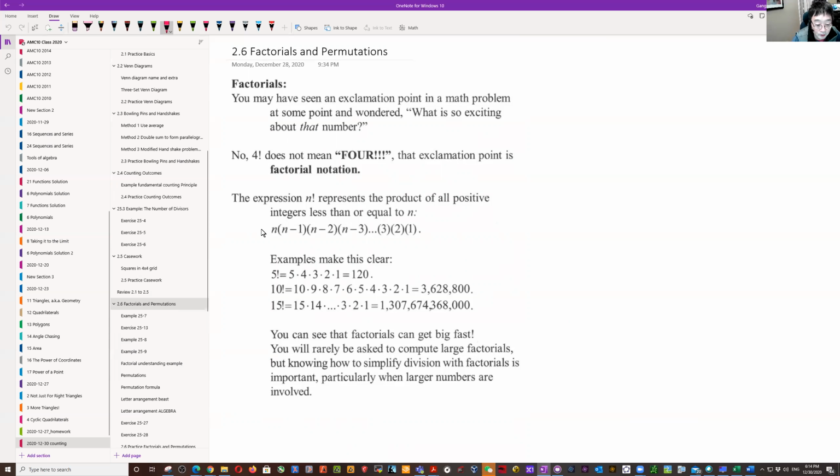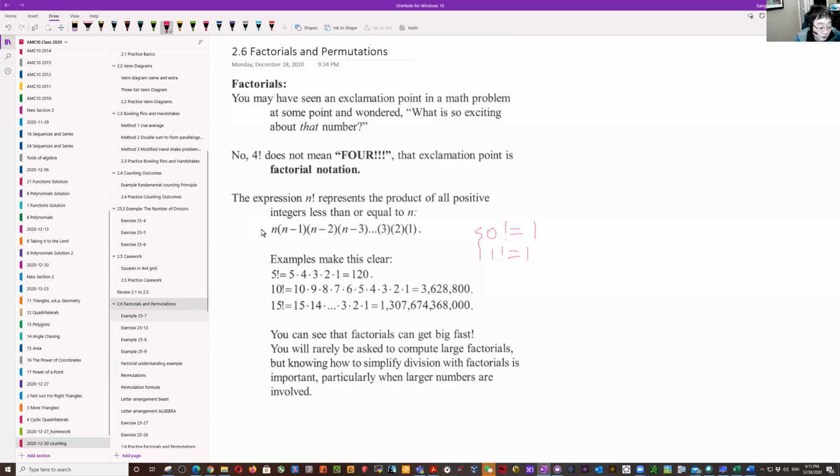So that is the factorial. And factorial has some special numbers. For example, 0 factorial equals 1, and 1 factorial equals 1. That's a starting point you have to remember, because those are quite unique.